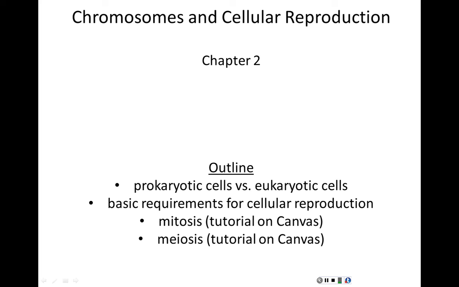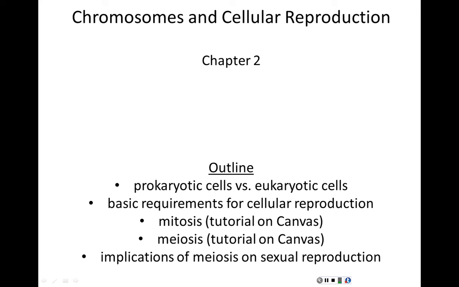I recommend you use those if you find them beneficial. We'll end the lecture talking about the implications of meiosis on sexual reproduction and be ready for the rest of Mendelian genetics. So I've already given you the punchline here, but don't let the name of this chapter or this lecture fool you. We're talking about mitosis and meiosis today.